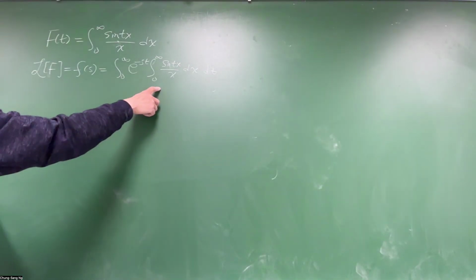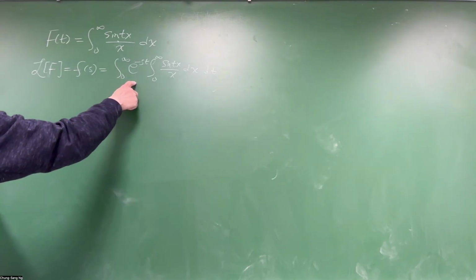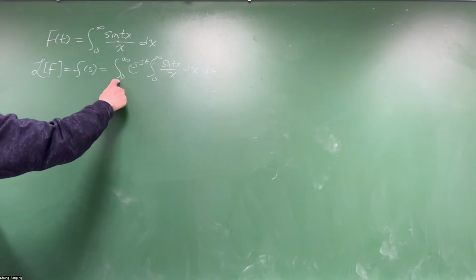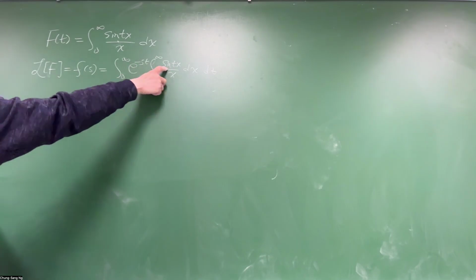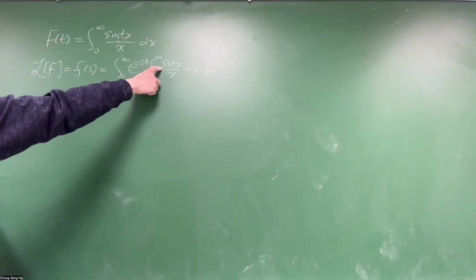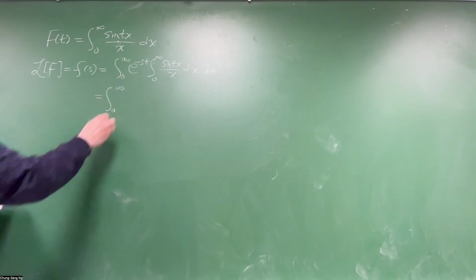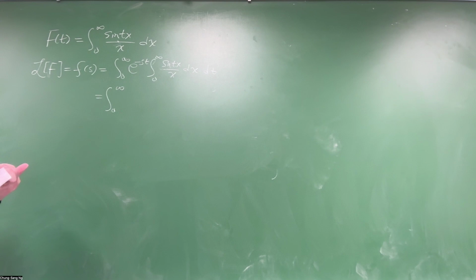Now you reverse the order of integration. Integrate t first. That is like taking the Laplace transform of sine tx, which we did before. If you look up the table, number 9, sine kt, except that instead of k we have x.